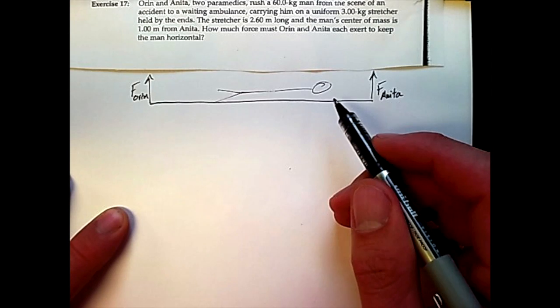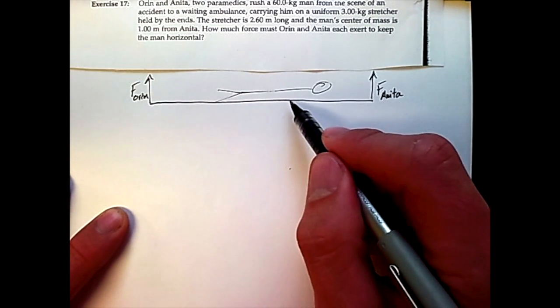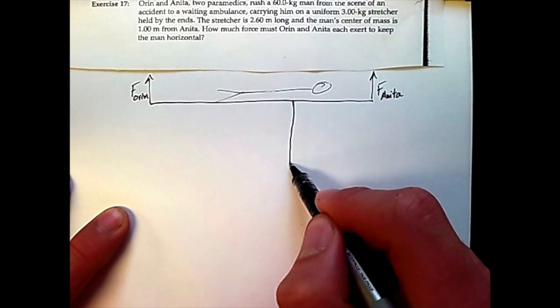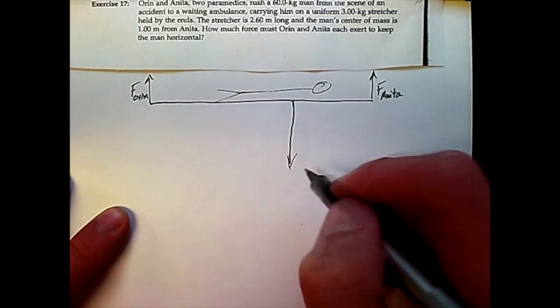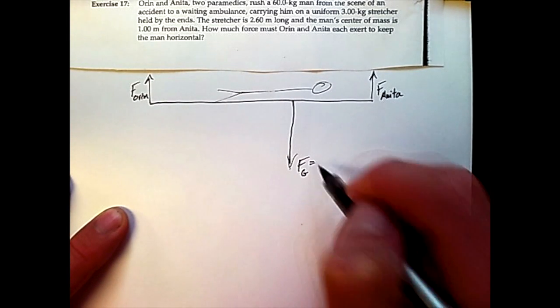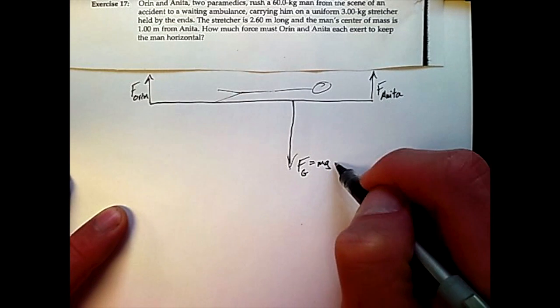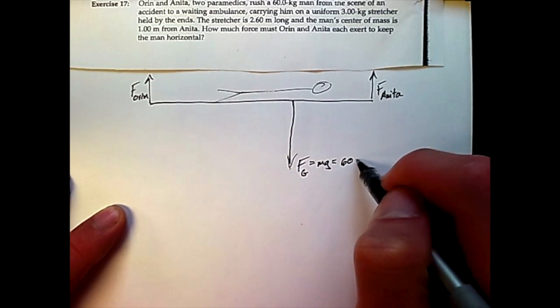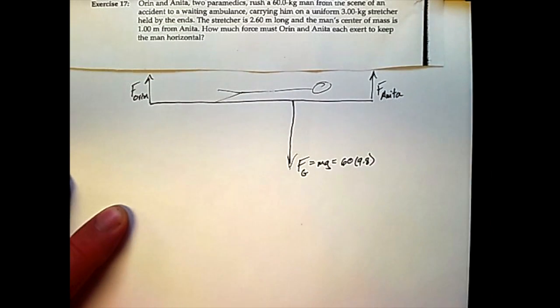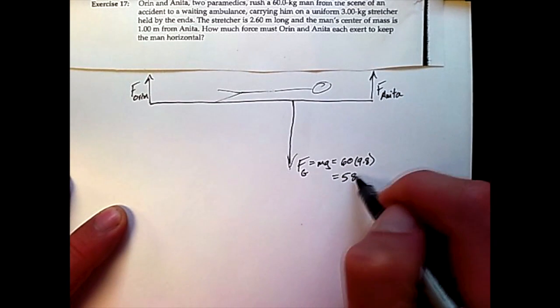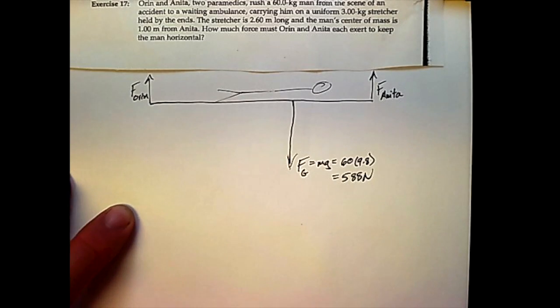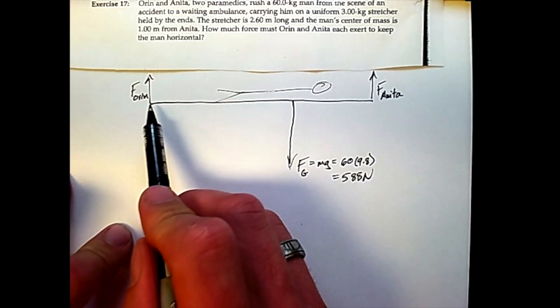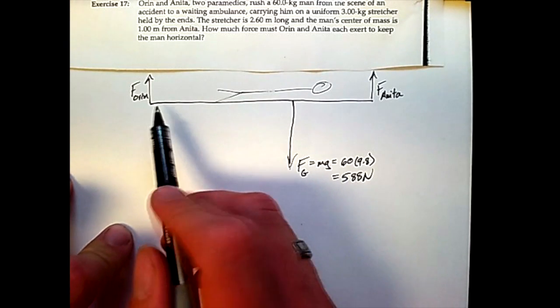So if the entire thing is 2.6, 1 meter is probably right about here, acting down from his weight, F of G. F of G is mass times gravity, so in this particular case it is 60 kilograms times 9.8, which is 588 newtons.